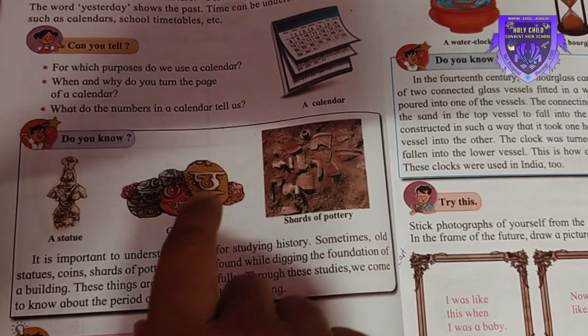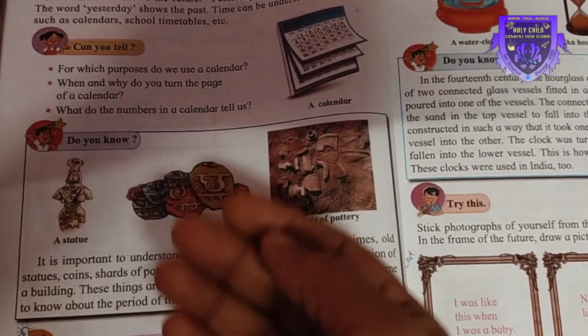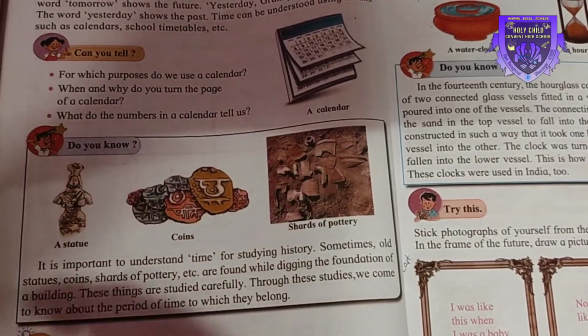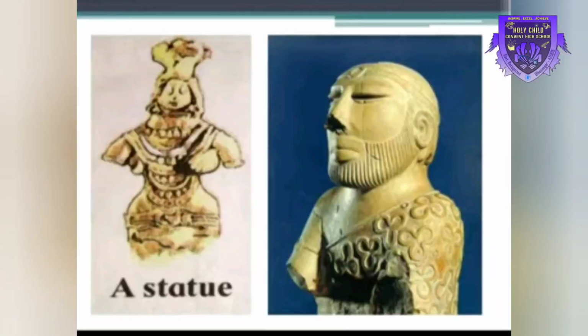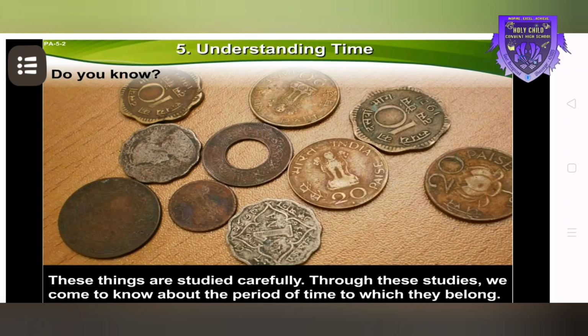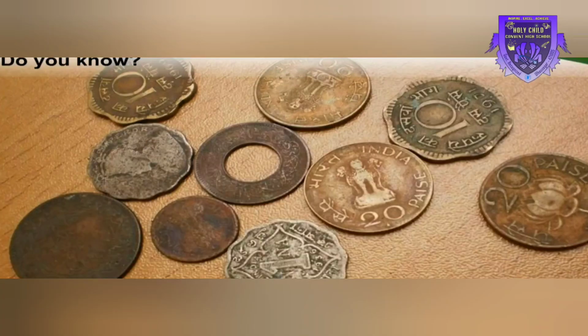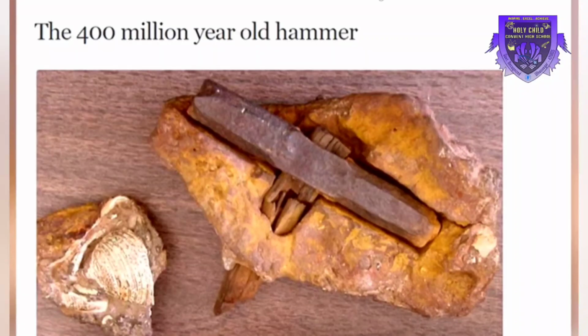Now here are some pictures. Now students, I am going to show you all more different pictures. Let's see more pictures now. Now students, what you all have seen in these pictures? Have you all noticed the things in the pictures are very old? They are very old, of ancient times, around 400, 500 or 1000 years old.